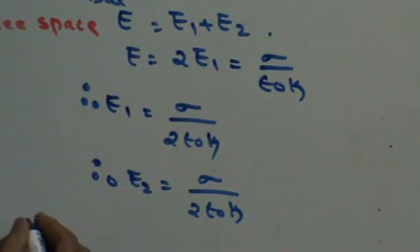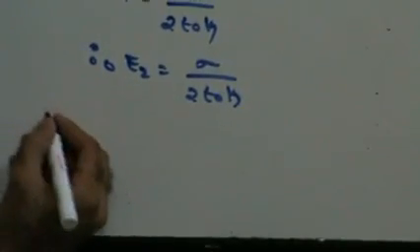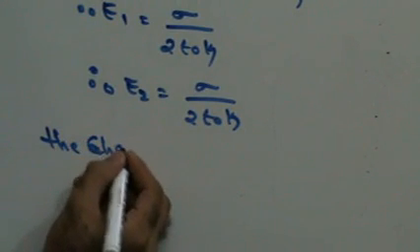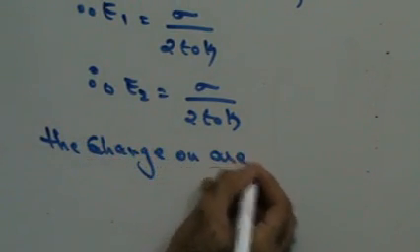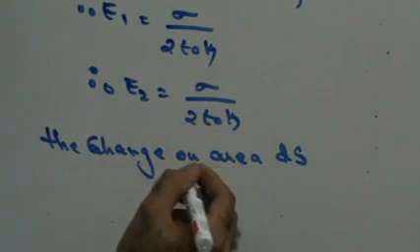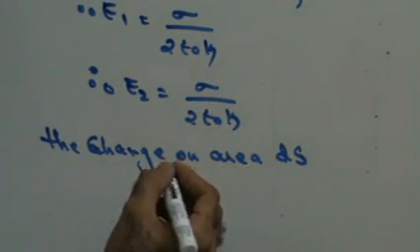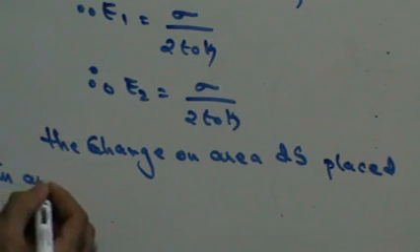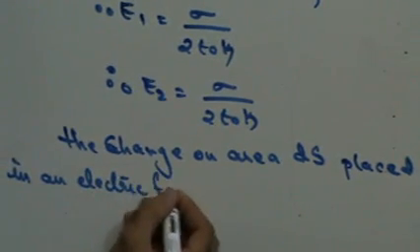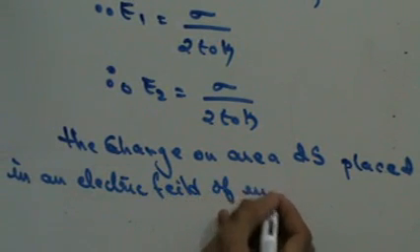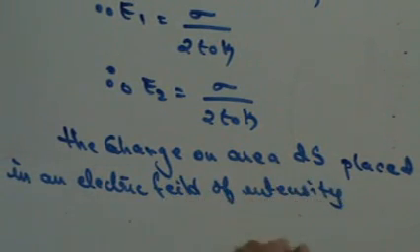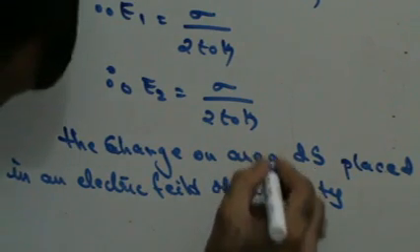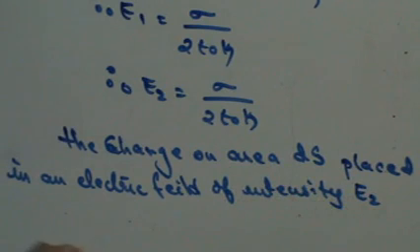The charge on area ds is placed in an electric field of intensity E2, which is produced on ds by the remaining charge of the conductor.